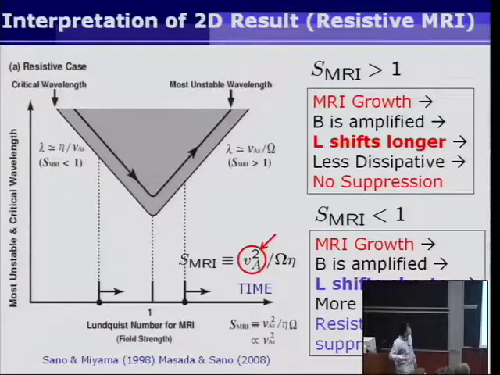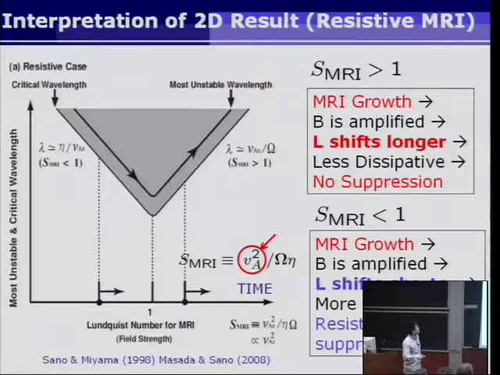When the Lundquist number is less than unity, the critical wavelength is defined like this, so it is inversely proportional to B. And if the Lundquist number is larger than unity, then it is proportional to B. So this critical wavelength has a minimum at some point, where the Lundquist number is unity.